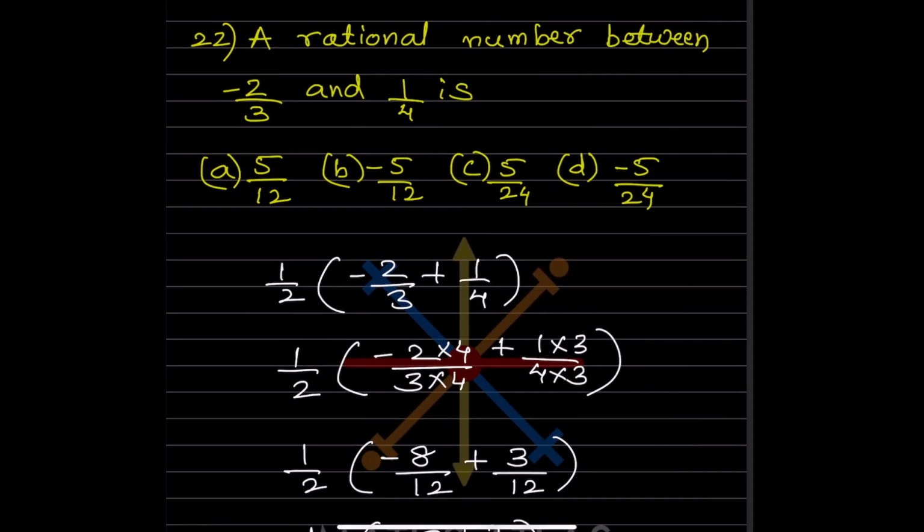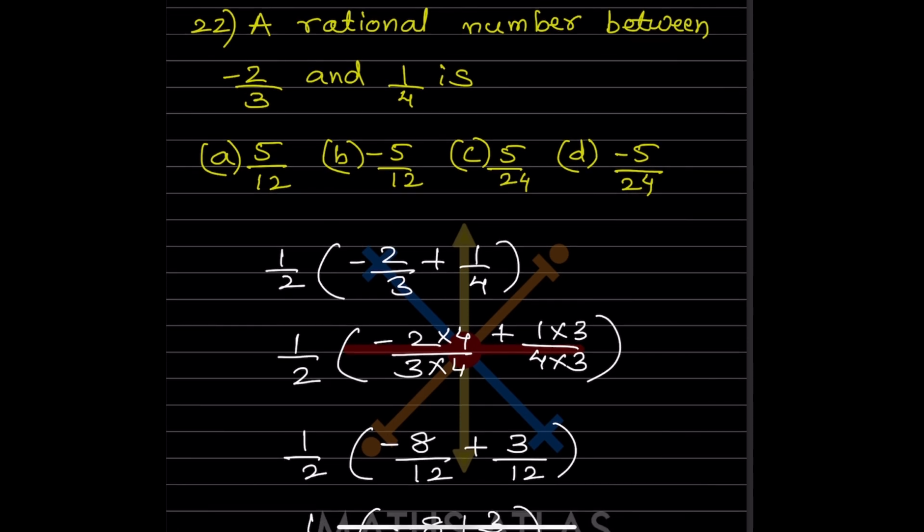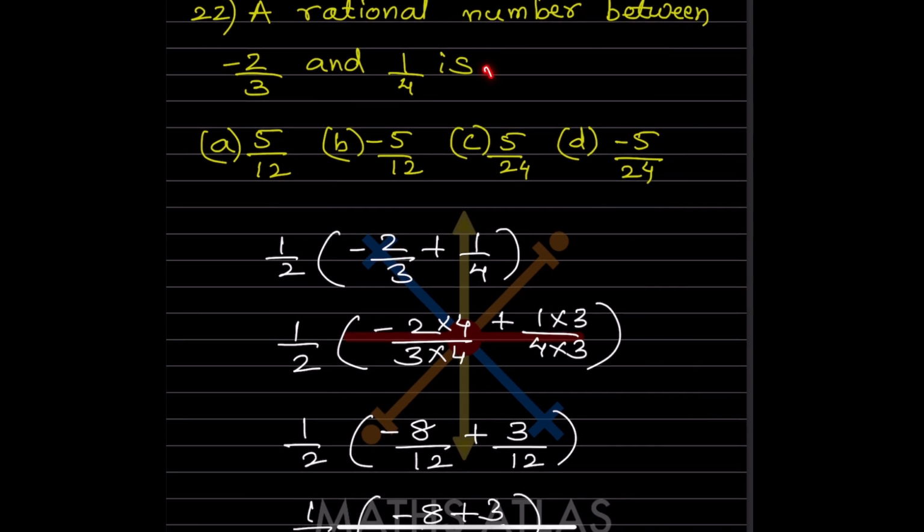The rational number between minus 2 by 3 and 1 is asked. We have done this in the previous video; you can see how we have done it. There are many examples given in that one. We have to find a rational number between these two numbers. There is a formula: this will be x and this is going to be y. We have 1 by 2 times x plus y.